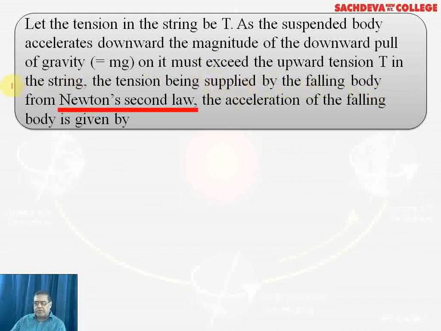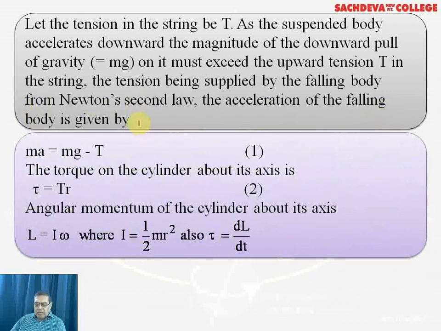From Newton's second law, the resultant force is mg minus T, and that will be taken as equal to ma. So ma must be equal to mg minus T. This is equation number 1.